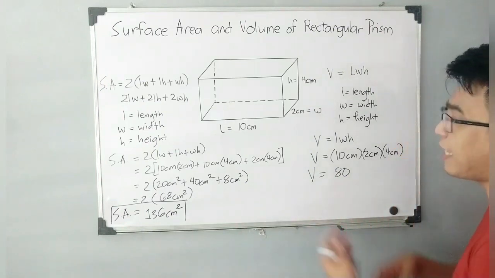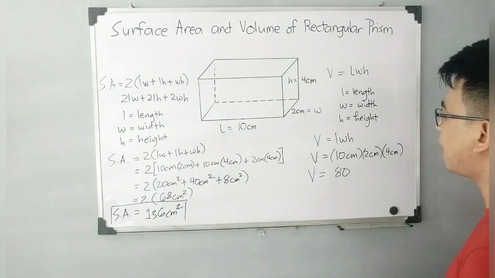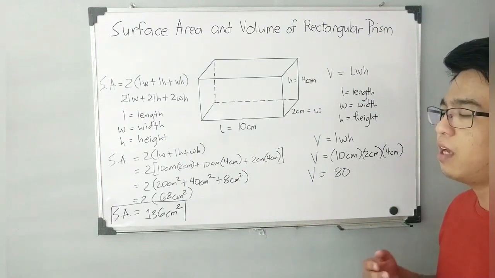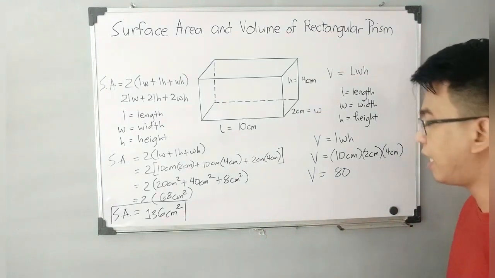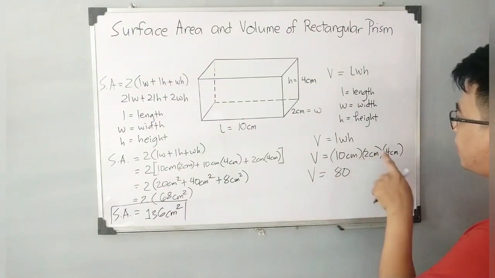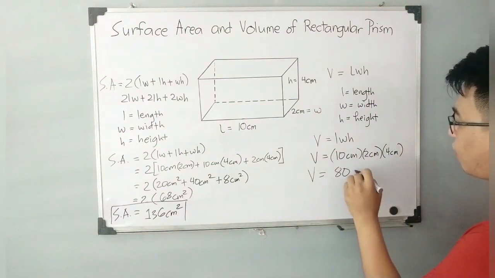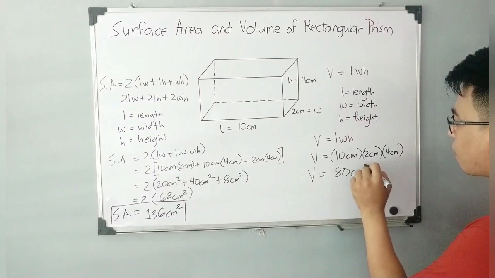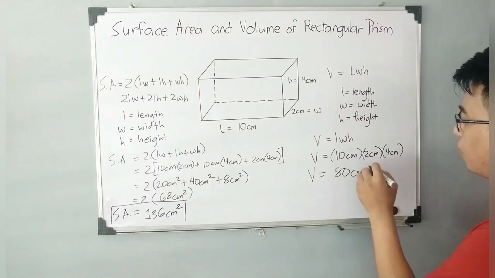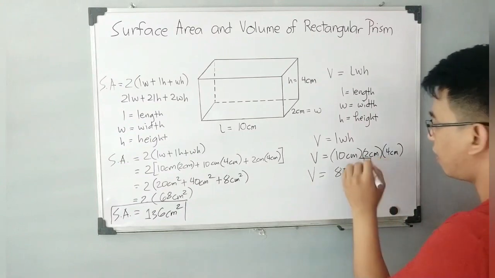Kapag volume kasi, 3D yan, guys, 3D. Ang mangyayari dyan, yung power ng ating unit of measurement ay cubic na. So we have here centimeter times centimeter times centimeter, that will give you cubic centimeter or centimeter cube. Okay?